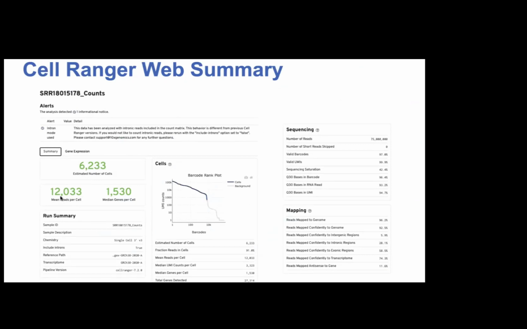It's kind of surprising how little that is. And then when it says median genes per cell, it basically means as soon as a gene has a single read, it's detected, right? So that's what that means. So that's kind of what we get.